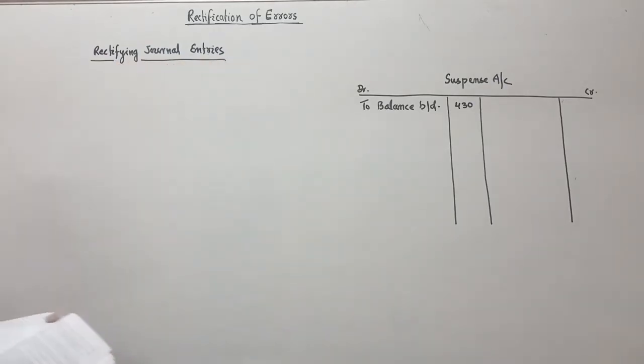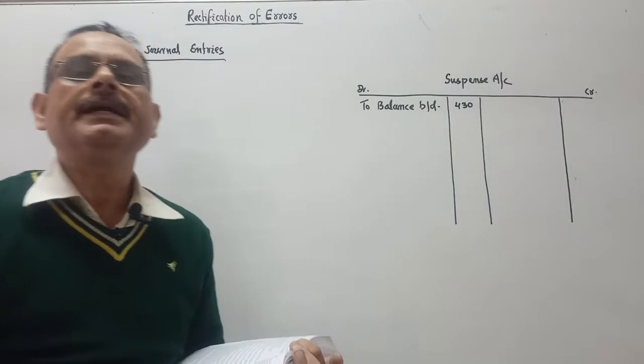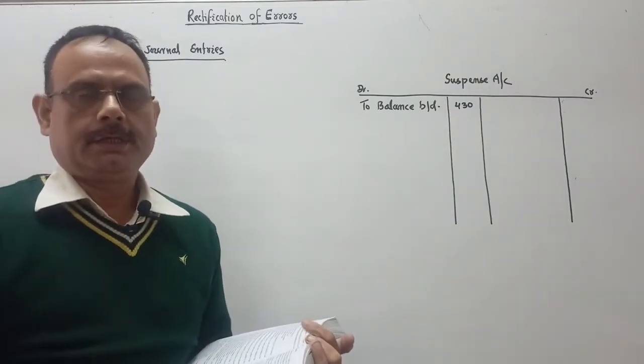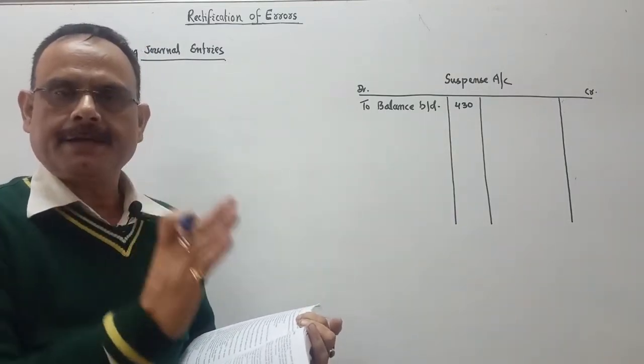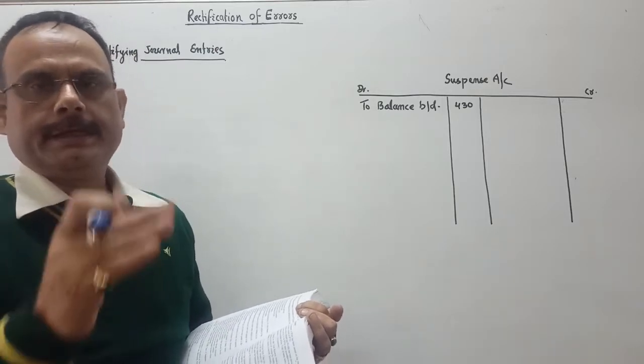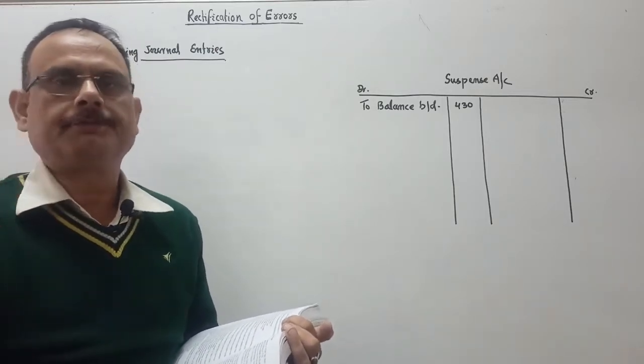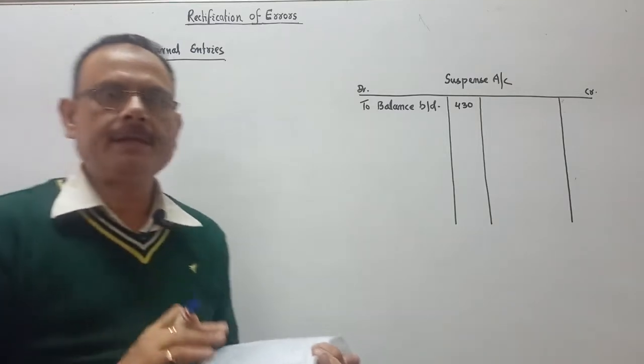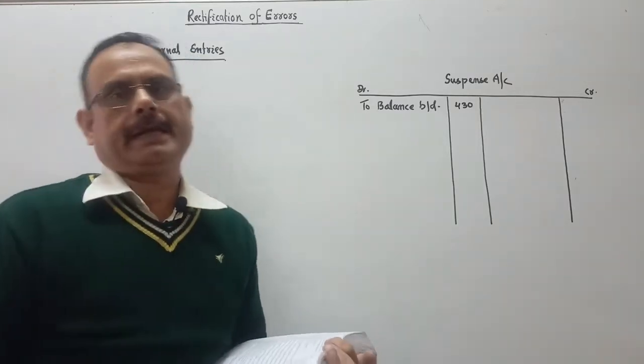We'll pass the journal entries in the format of a journal: date, particulars, ledger folio, and two columns for the amount, one for debit, another for credit.